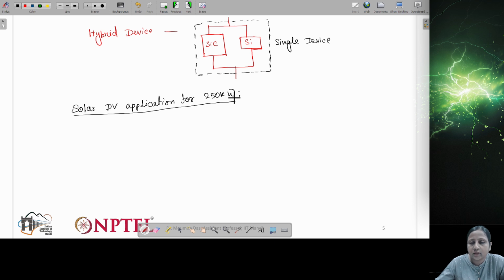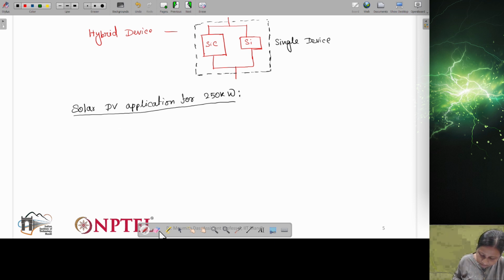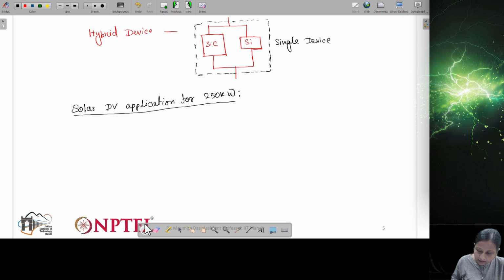So now here one NPC converter is used. So what is the configuration of the NPC converter? NPC converter is generally used for high power applications.